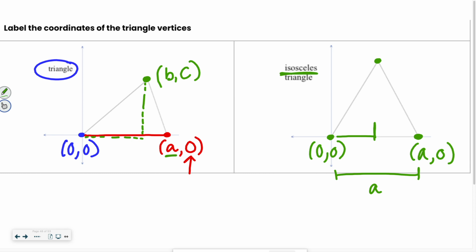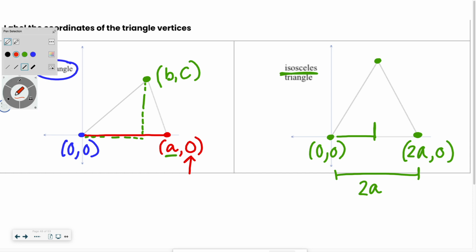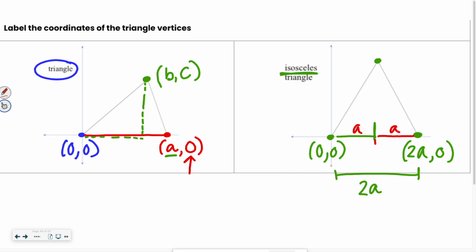So this is where you want to pick coordinates that make your life easier. Instead of making this A, I'm going to make it 2A, and I'll explain why in just a second. If this whole length is 2A, halfway through it would just be a single A. So that would be A and this would be A, which makes finding this part here A, and up, we don't know how high up we went, so we'll say B. So that's something to consider when you're making your ordered pairs.